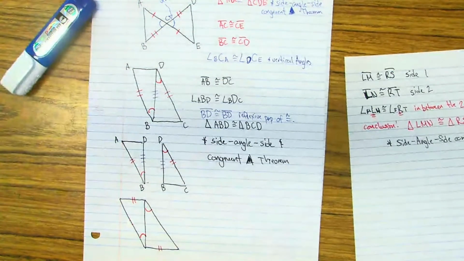So here can we prove that the two triangles ABF and BEF are congruent?